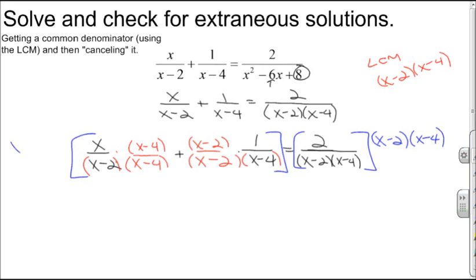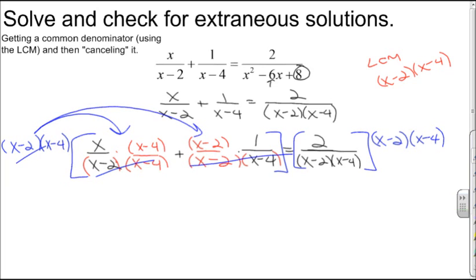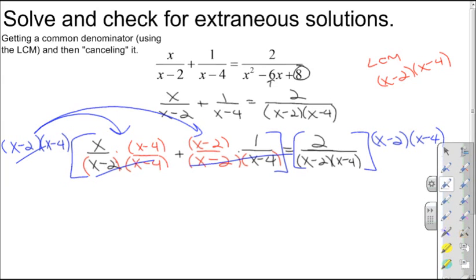And it really, in fact, just seems like it does a big magic canceling, because these two factors times the first term will just cancel the ones on bottom, and these two factors times the second term cancel the ones on bottom there too, leaving us with just x times x minus 4 plus x minus 2 times 1, well, that's just x minus 2, is equal to, canceling on the other side, 2.